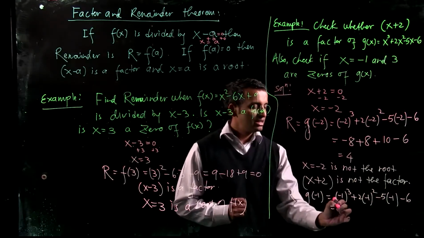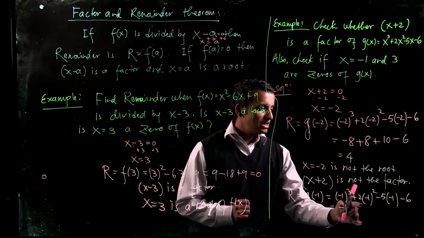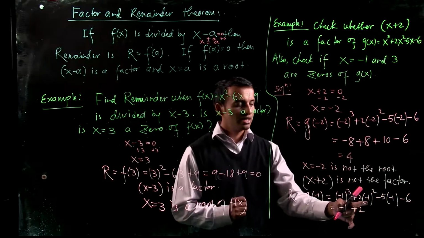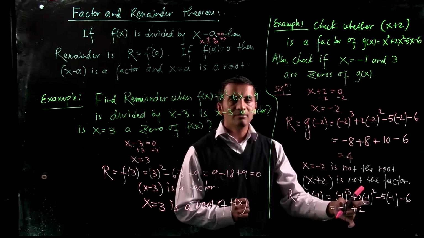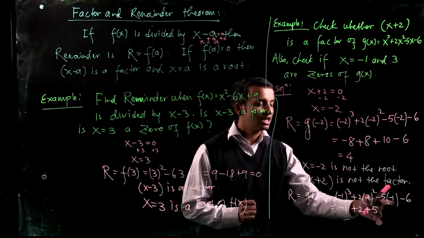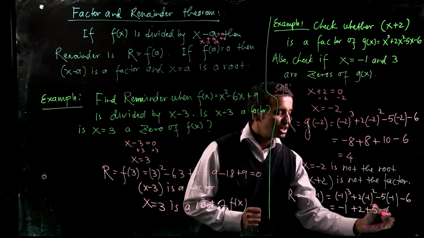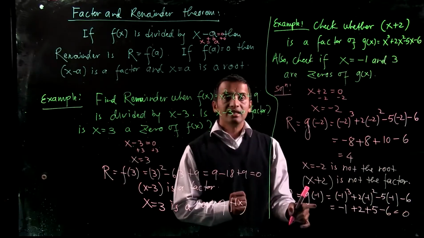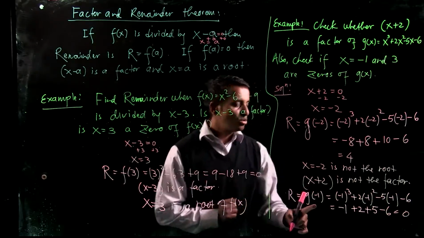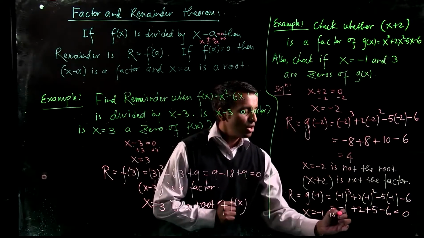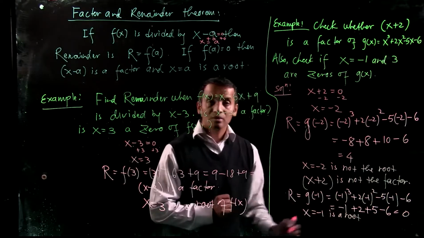It is negative 1, and then plus 2, because 2 times negative 1 squared is 2 times 1, and then plus 5, because negative 5 times negative 1 is positive 5, minus 6. It is 7 minus 7, which is 0. So yes, x equals negative 1 is a root.